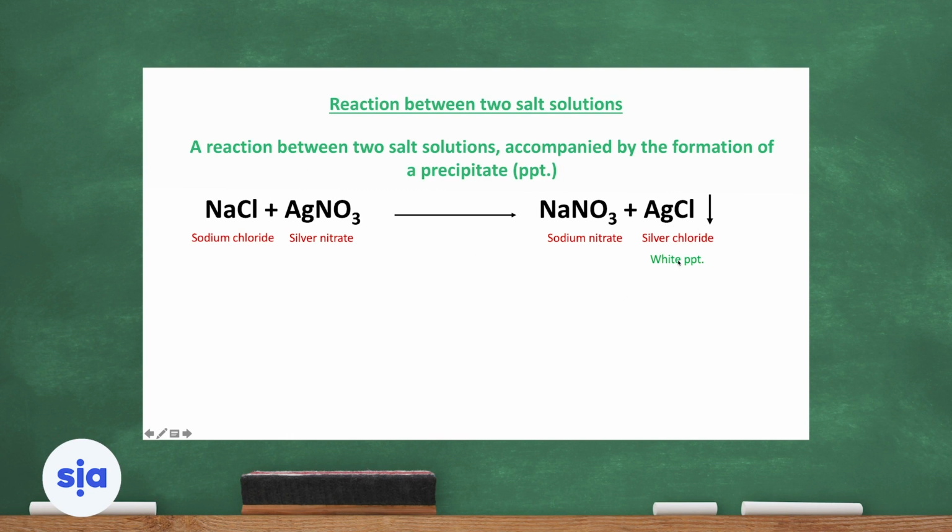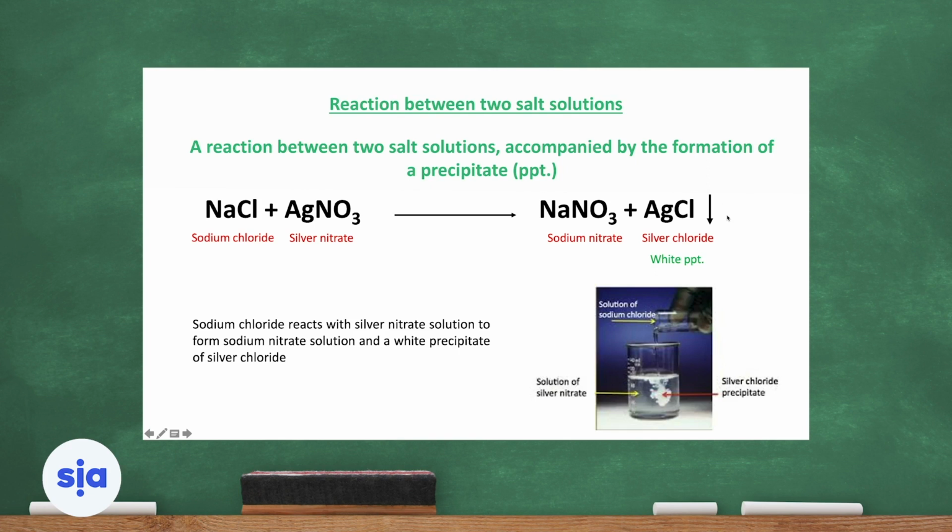At the end, a white precipitate is formed. That's why the arrow is pointing down. Look at this picture. You will see sodium chloride reacting with silver nitrate solution to form sodium nitrate solution plus a white precipitate of silver chloride.